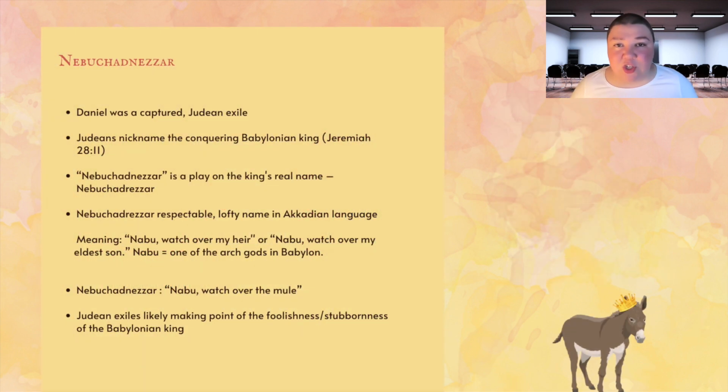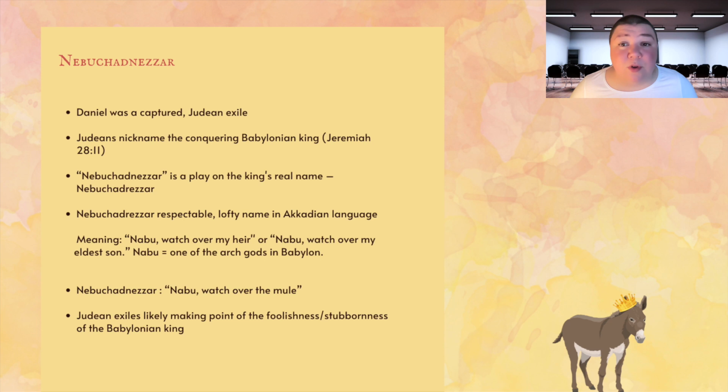Daniel, being a Judean exile along with the others of his people, such as Jeremiah, in Jeremiah 28:11, rename or nickname the Babylonian king. Nebuchadnezzar is a play on the king's real name, Nebuchadrezzar. Nebuchadrezzar was a respectable and lofty name in the Akkadian language, language of the Babylonians.